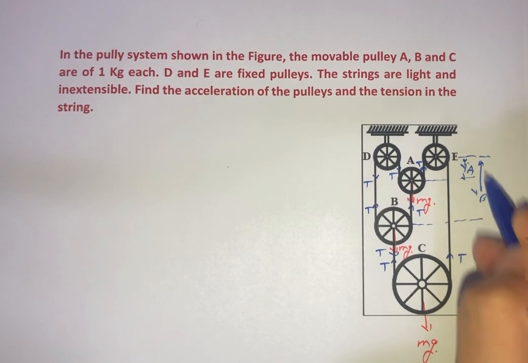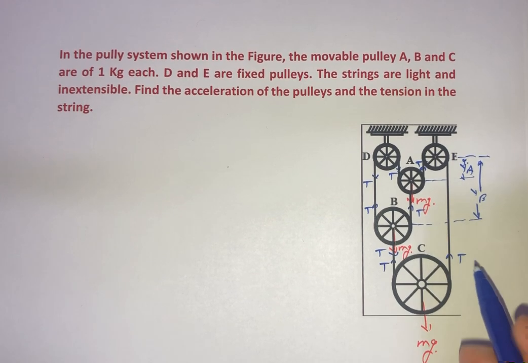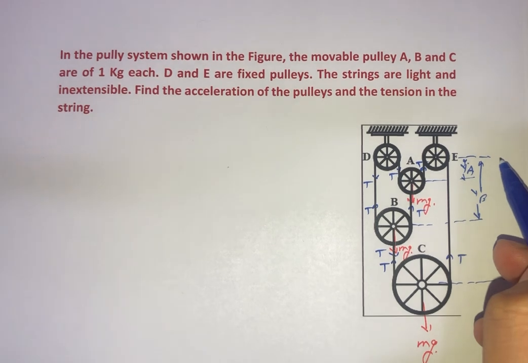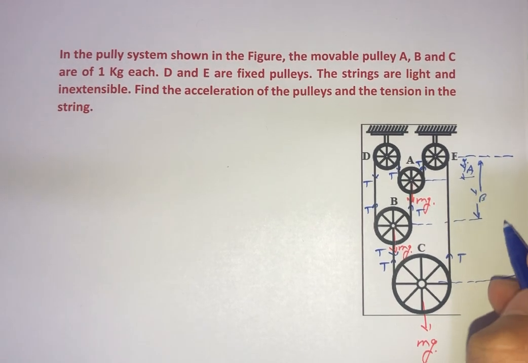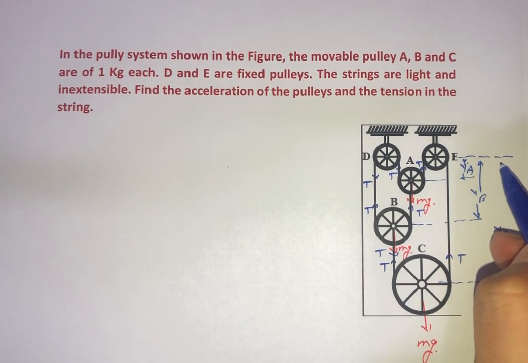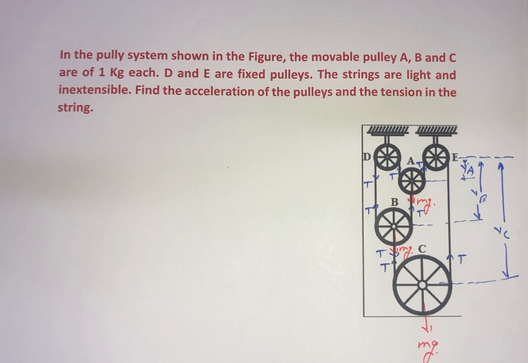And finally, the distance between the center of pulley C and pulley E is given as YC. So these are the few things which we have to consider.